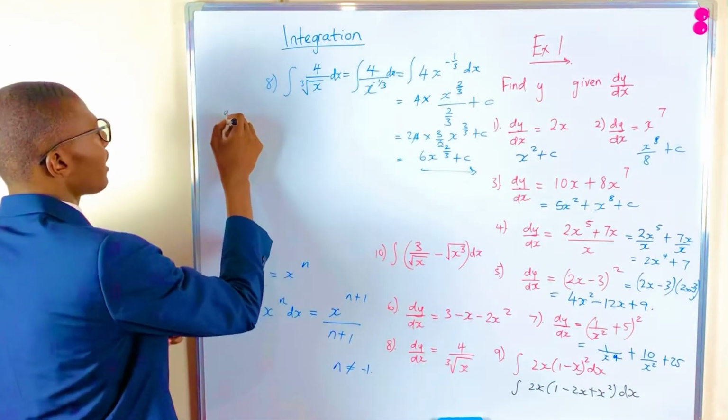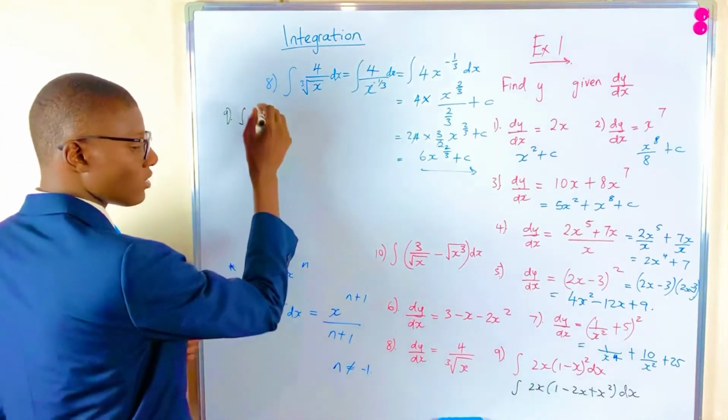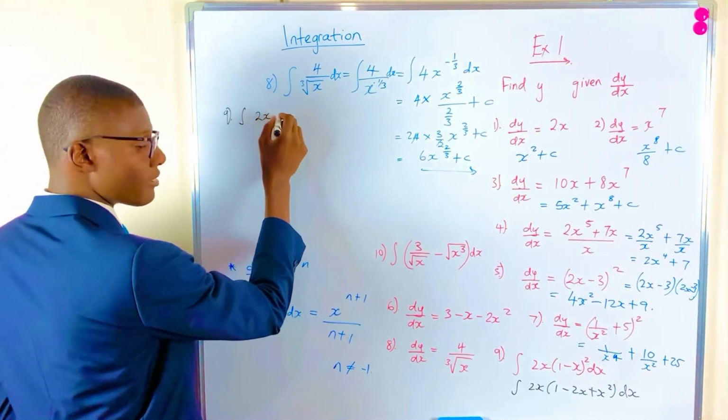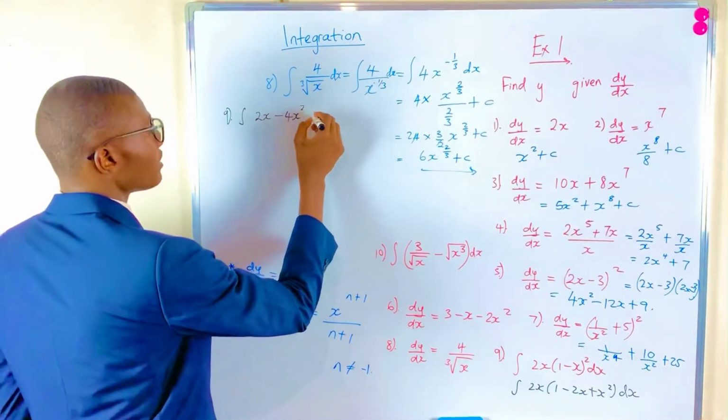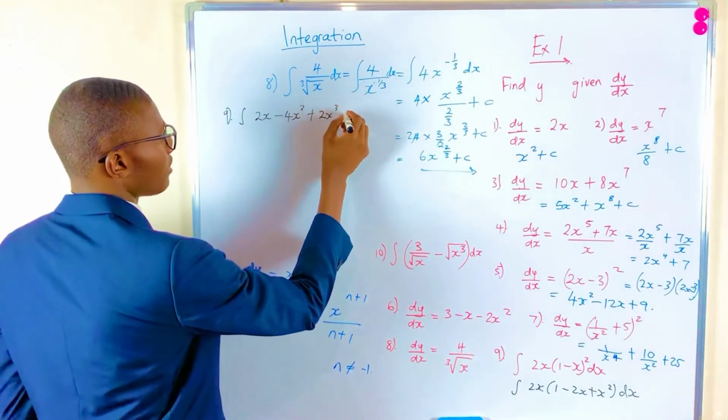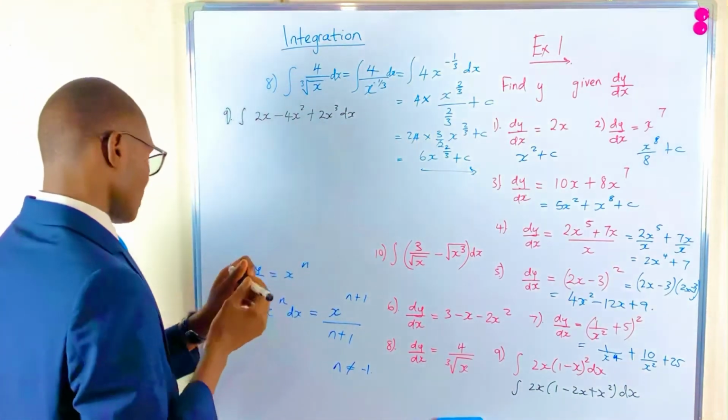For number 9, we're saying the integral of 2x minus 4x squared, then plus 2x to the power of 3, with respect to x.